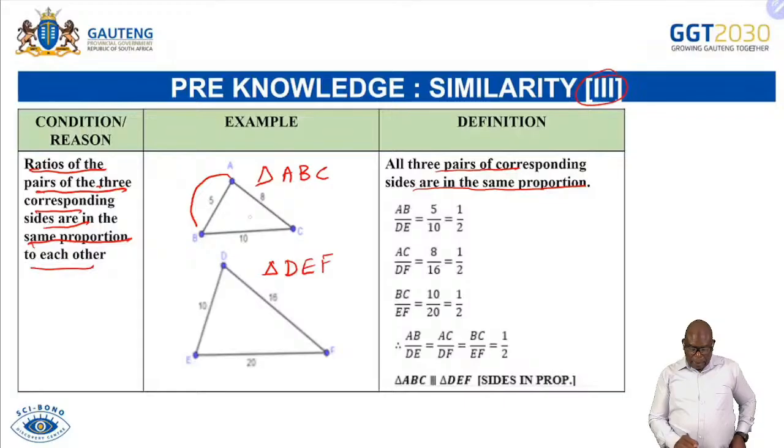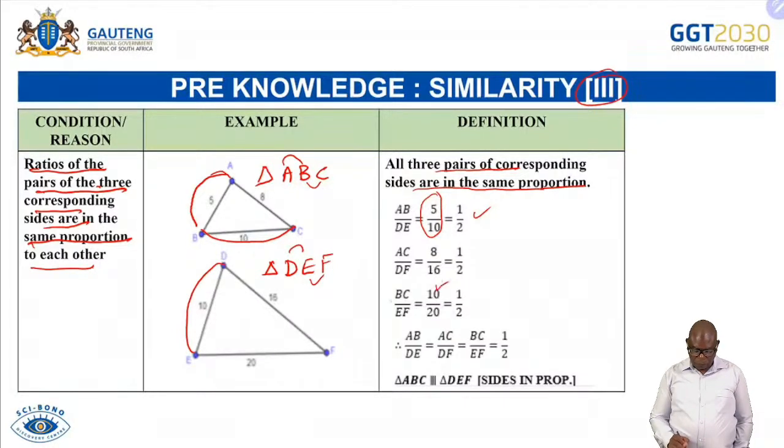Right. AB over DE, which is 5/10, gives us a half. And then BC over EF, BC is 10, over EF, it's 20.